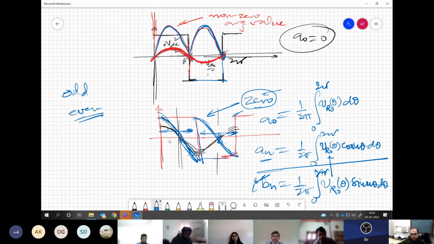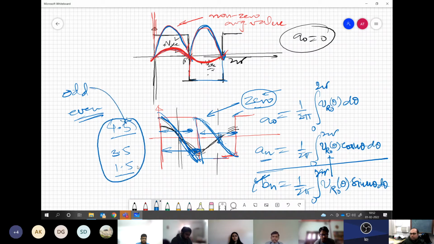Again, there is a difference between odd harmonics and even harmonics. See, an odd harmonic will have an odd number of half cycles, something like 4.5 cycles or 3.5 cycles or 1.5 cycles within one half cycle. This will not be an integer number when you talk about an odd harmonic. Understand my point?